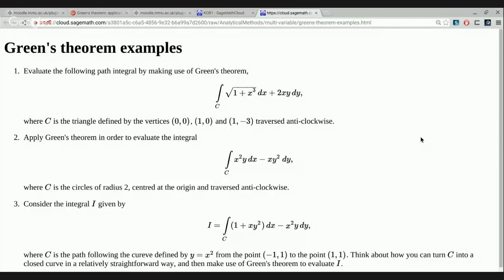We're integrating with respect to x from 1 to minus 1. y is fixed at 1, so the dy part is equal to 0, and that means you're just integrating 1 plus x dx. So this is how the original p dx plus q dy simplifies to this.